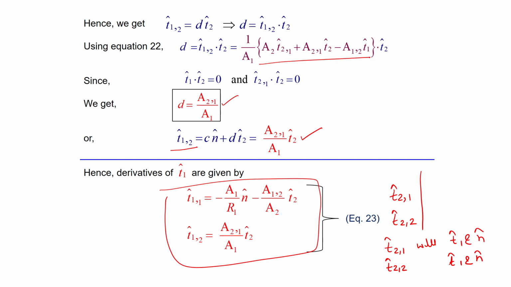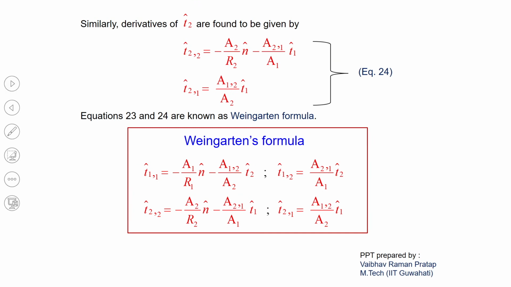So, we will get similarly two more equations, which are written here, that T hat 2 comma 2 can be written as minus A2 by R2 n hat minus A2 comma 1 upon A1 T hat 1. Then T hat 2 comma 1 is A1 comma 2 upon A2 T hat.